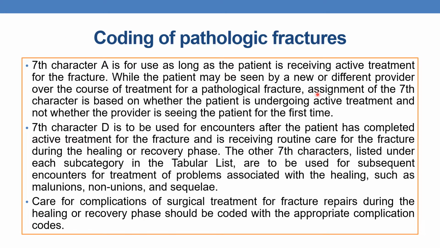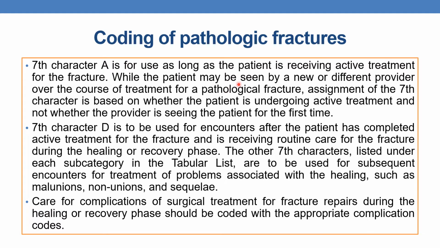While the patient may be seen by a new or different provider over the course of treatment for the pathological fracture, assignment of the seventh character is based on whether the patient is undergoing active treatment or not. If the patient is undergoing active treatment, even if he visits a couple of physicians, then in each case you need to code A.